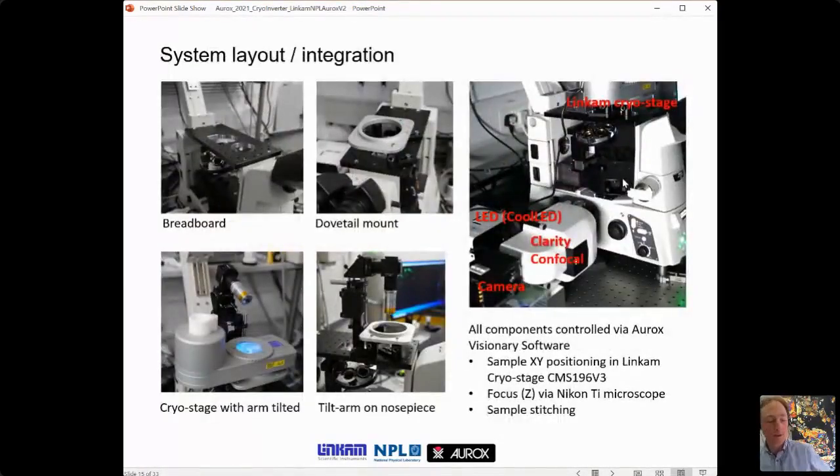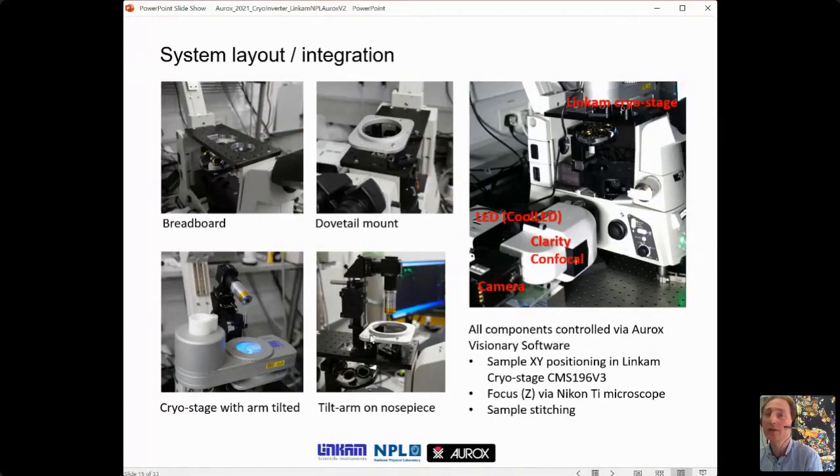Here you see the layout. On the left, there's a breadboard integrated onto the standard inverted frame. Then there is a dovetail mount that accepts our stage. That would be the same layout that you would normally have on an upright system. And here you see the whole thing mounted together with sample access.